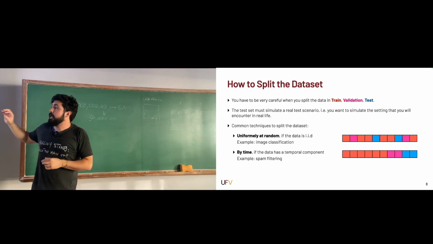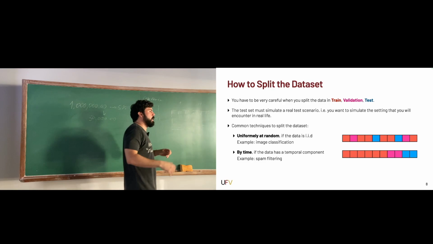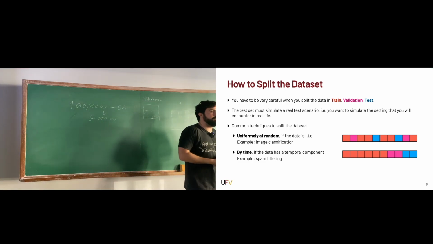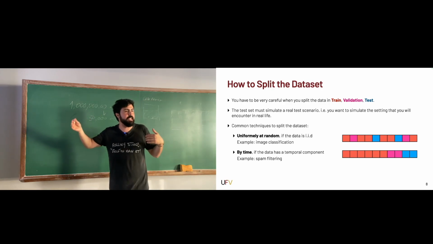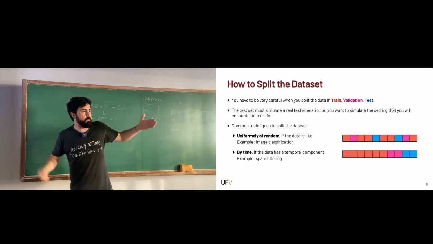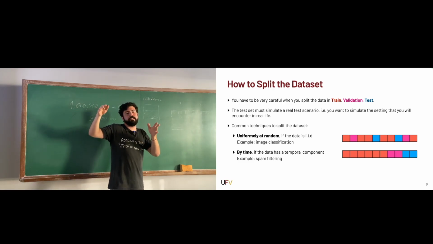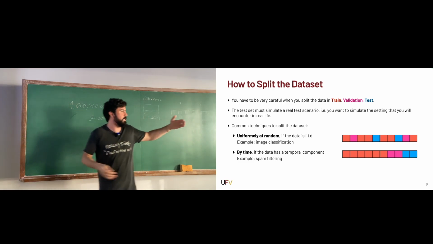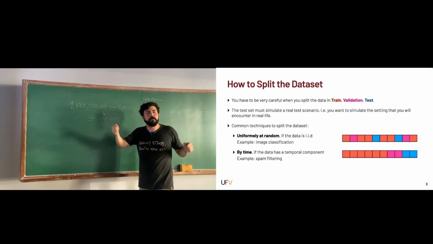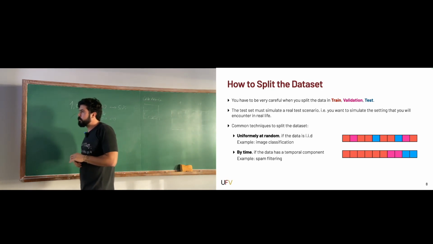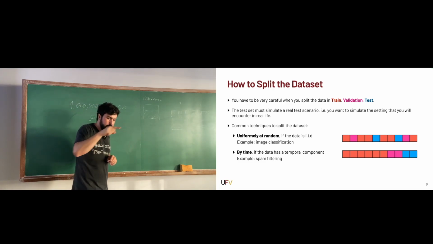So make sure when you're dealing with temporal components, same for if you are doing weather forecasting, right? If you want to predict the temperature of the next day, or if you want to predict the weather for September, you can't look at data points from September. You have to look at data points from January to August to predict September, right? So there are several problems that have this temporal component.